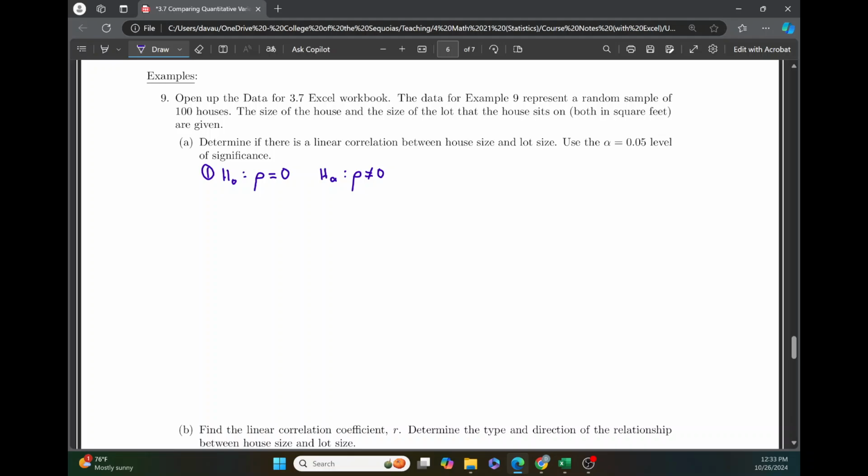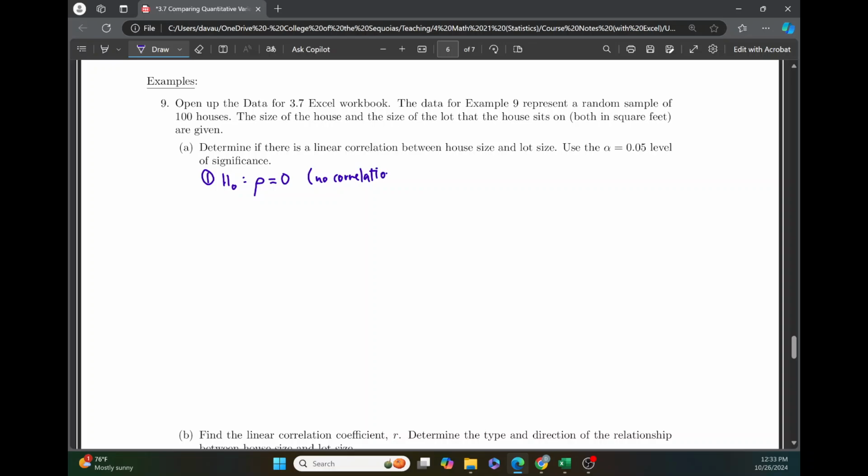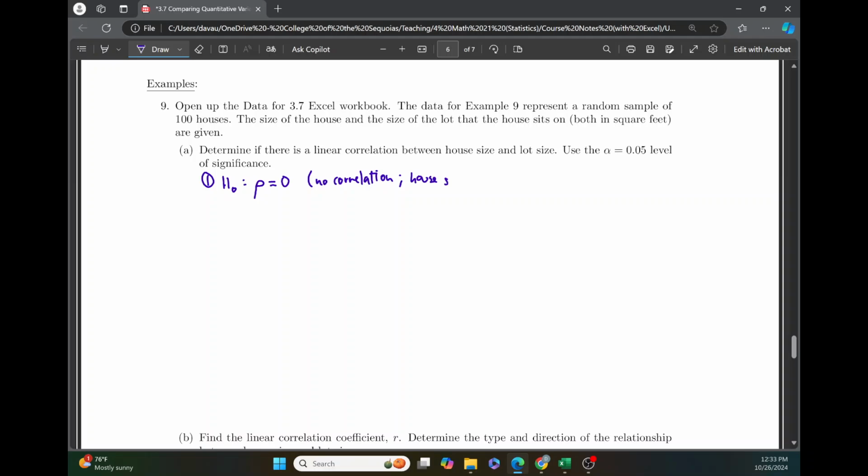In fact, let me just write out that you could state these in terms of independence. The null would be no correlation: house size and lot size are independent.